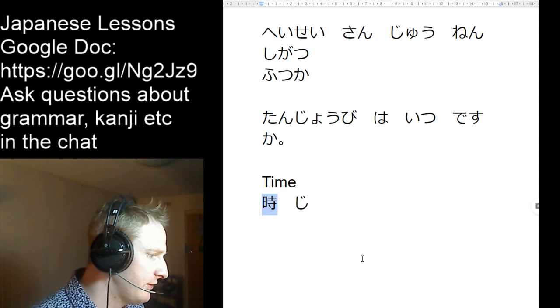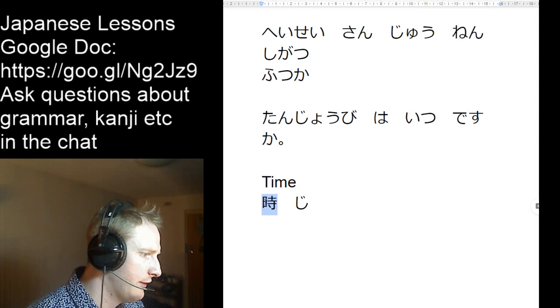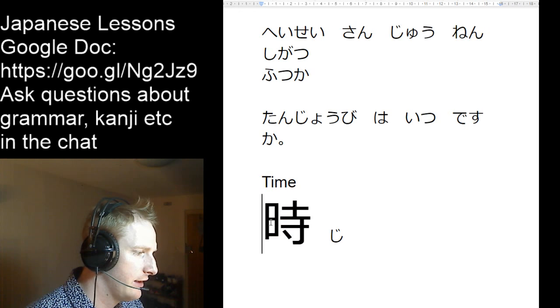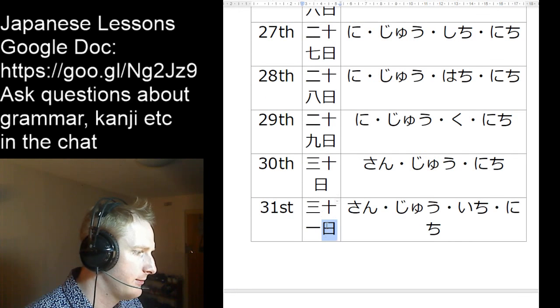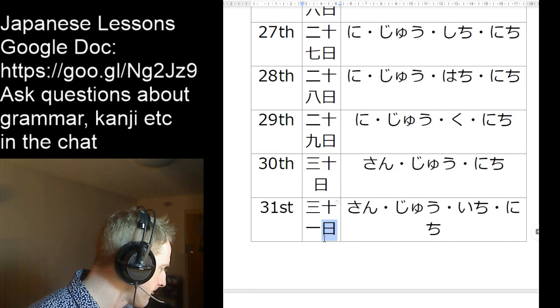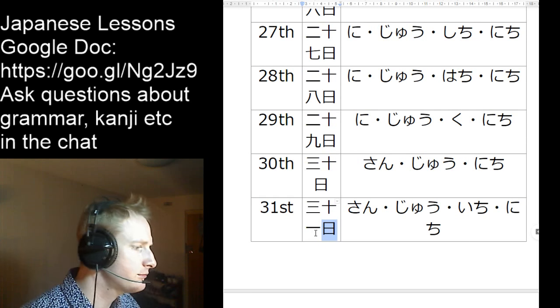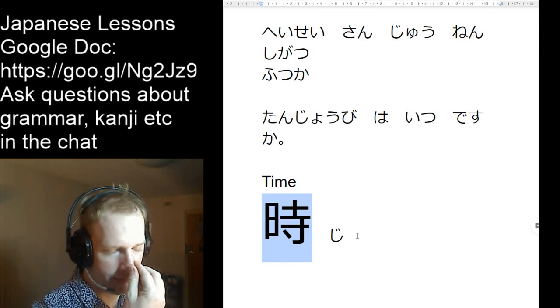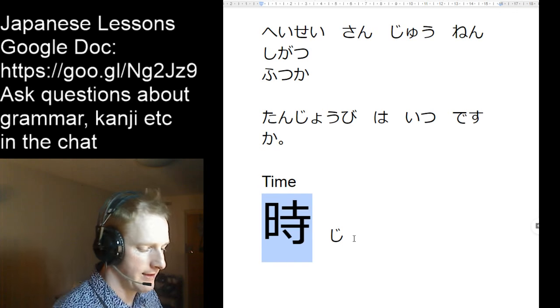Now if we look closely at this character, we'll see on the left hand side, it's our counter for day or sun that we saw earlier. Alright, and then the one on the right is a kanji which is read as tera, which is temple.